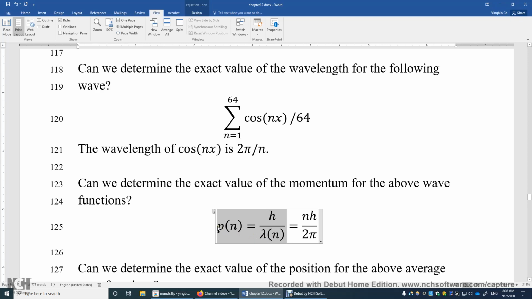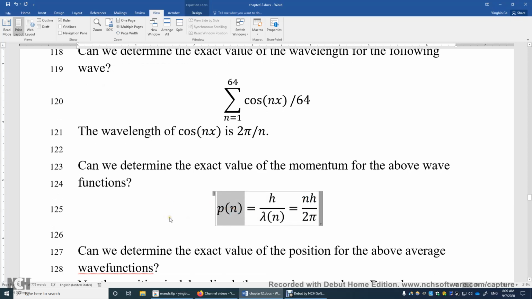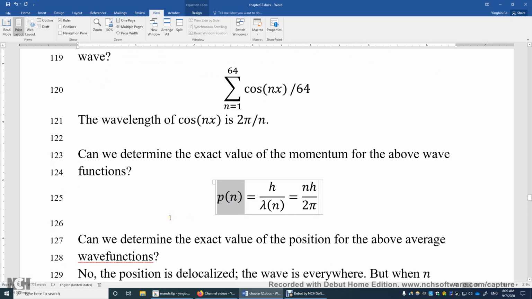So this momentum now depends on this value n. h over lambda is h over 2 pi over n. Therefore, it's nh over 2 pi. When you have a 64 wave combination, this n can be from 1 to 64. So you have 64 different values for the momentum.